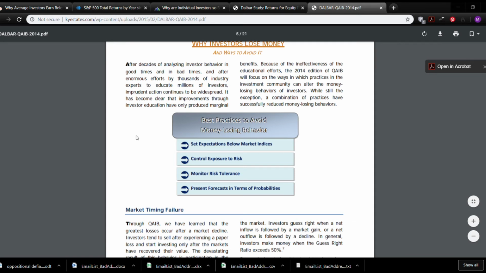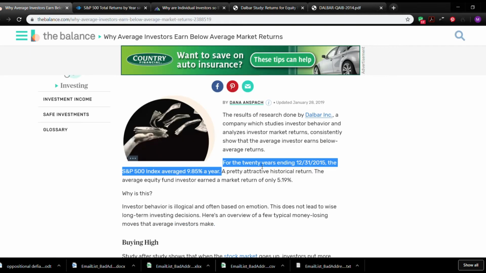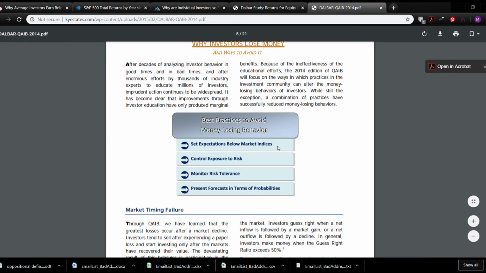I'm looking at the middle of the page here, best practices to avoid money-losing behavior, and they include things like control exposure to risk, monitor risk tolerance, present forecasts in terms of probabilities, but also set expectations below market indices, right? So if you think, well, the S&P is earning 9.85, it's earning 10%, so that's what I'm going to get, you are already, according to Dalbar, setting yourself up for money-losing behavior.